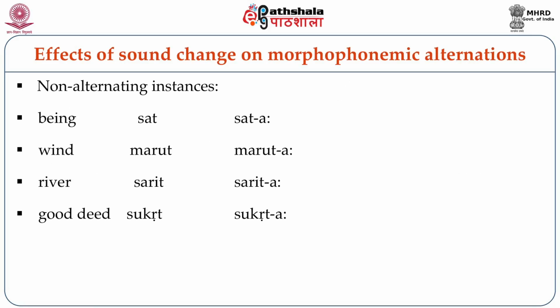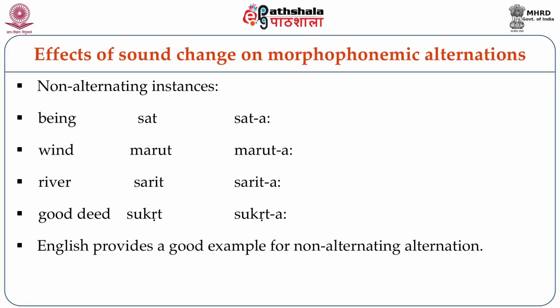So, taking Sanskrit examples, sampat, sampada, are alternating instances. The t/d alternation we see between nominative and ablative forms. Sampat, sampada, vipat, vipada, sharat, sharada, etc. are of this type. The second one, non-alternating instances, we see sat, sata, sat meaning being, marut meaning wind, marut, maruta, sarit, river, sarita, etc.